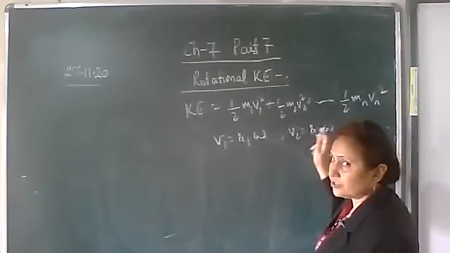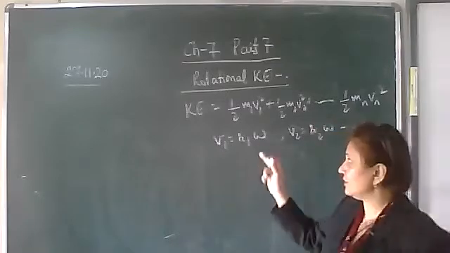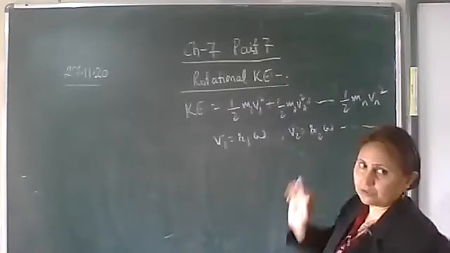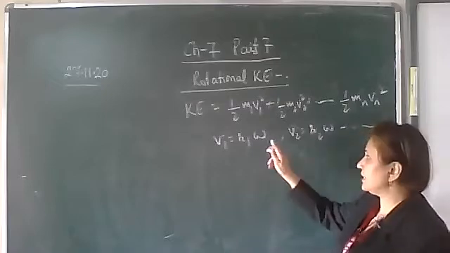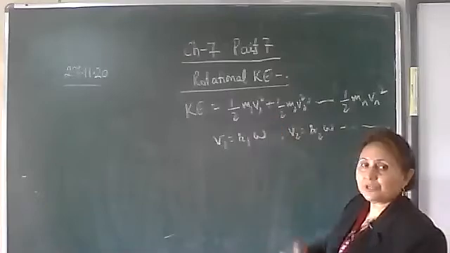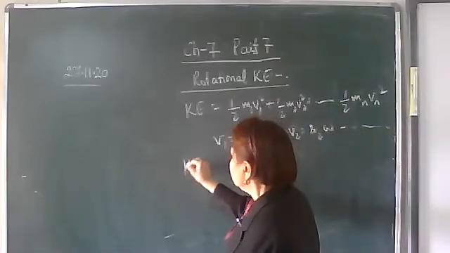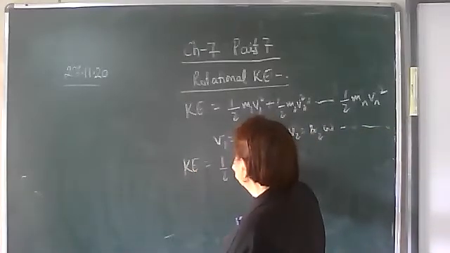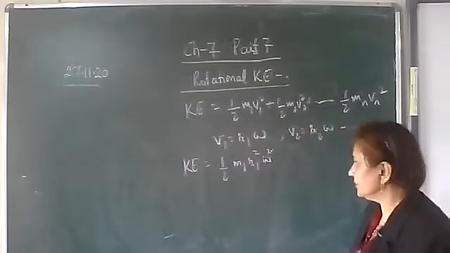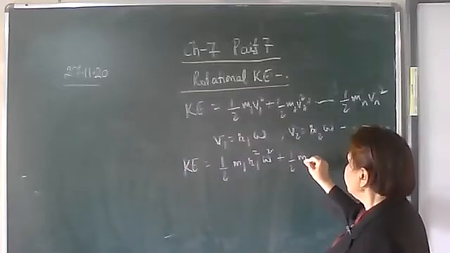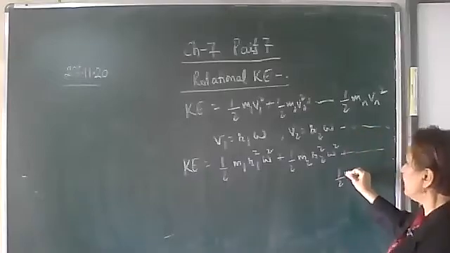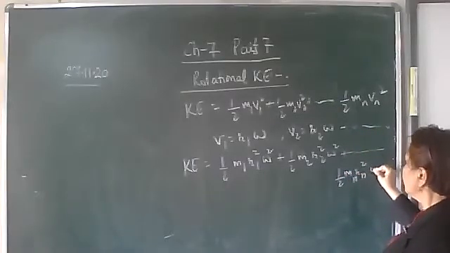The whole body is rotating with a constant angular velocity, so the angular velocity of each particle will be the same. You will not write it as omega 1, omega 2. So v1 is r1 omega, v2 is r2 omega. Substituting it over here, this expression will be equal to half m1 r1 square omega square plus half m2 r2 square omega square, and so on, and for the nth particle, half mn rn square omega square.